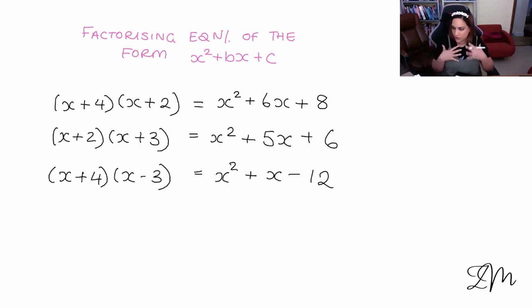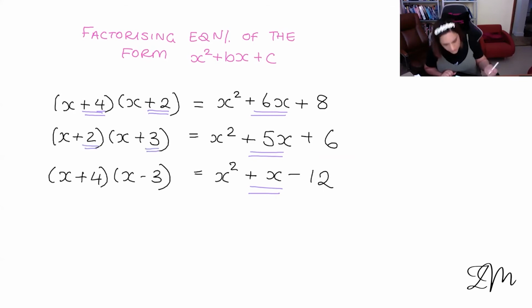What hopefully you notice is that the middle term is always the sum of these two. So 4 plus 2 gives you 6. 2 plus 3 gives you 5. And 4 minus 3 gives you 1. And that's where that B term comes from.